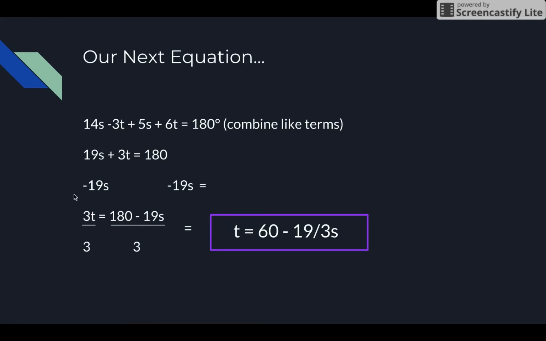Then we can subtract 19s from each side, so now we have 3t equals 180 minus 19s. Now we want to isolate t, so we're going to divide by 3 on each side of the equation. This will leave us with t equals 60 minus 19 over 3s.